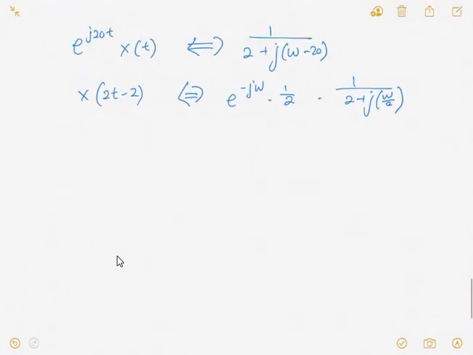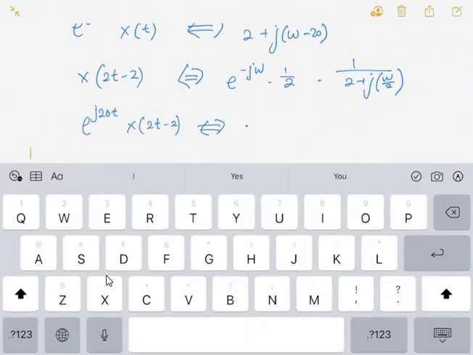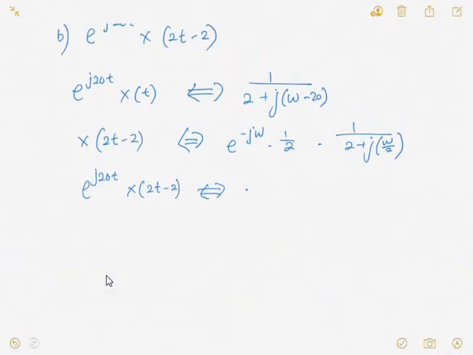Now you have the exponent j20t x(2t minus 2), so you will get this one. For the last one, you will combine everything. What do I mean by combine everything? You have this one, right?